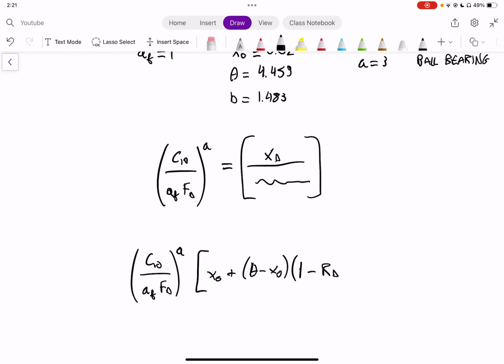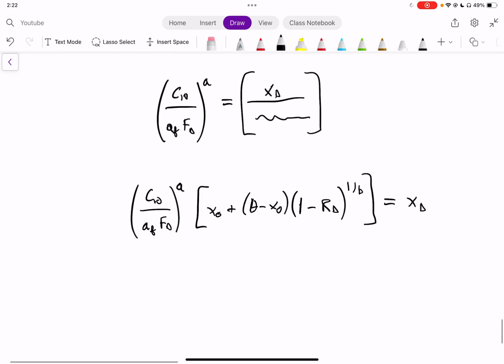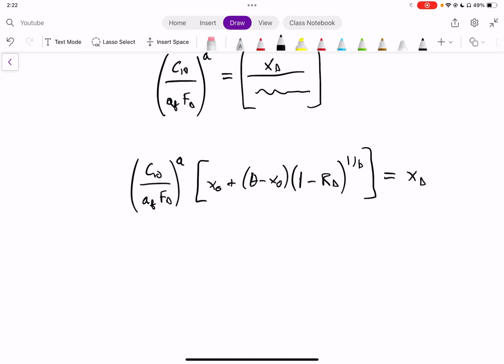The equation that's a little bit simpler, to the power of 1 over B, and I'll keep those in square brackets so that we don't confuse it with the other one, is equal to XD. And if we plug in all the numbers, we have everything in this equation, we find that XD would be equal to 10.66.